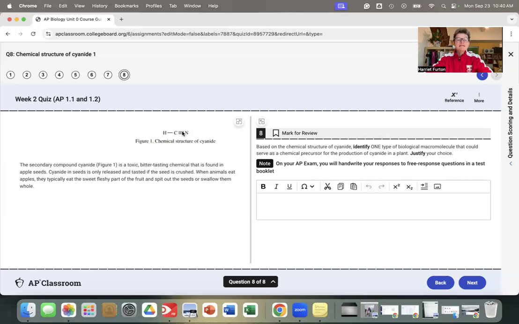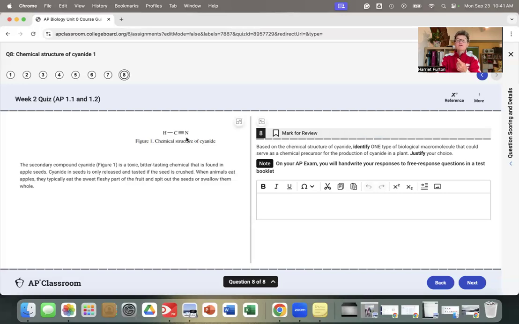So what is the macromolecule that contains not only hydrogen and carbon, but also nitrogen? Only the amino acids, and many amino acids make proteins, as well as the nucleotides that make up nucleic acid. So you can pick either as a precursor.